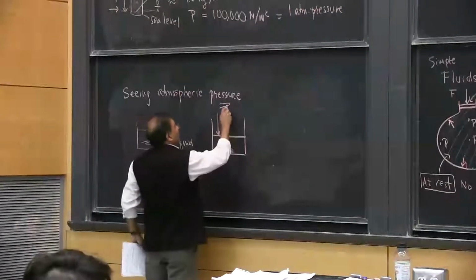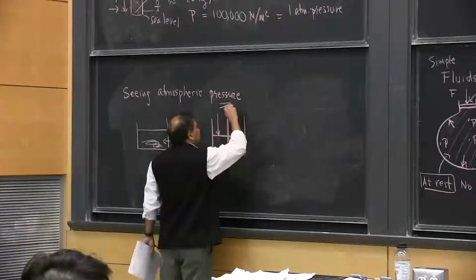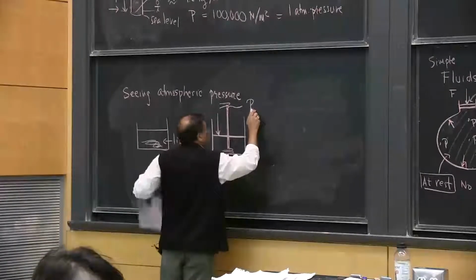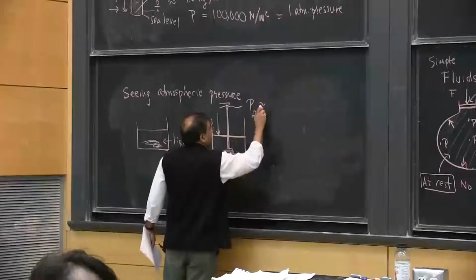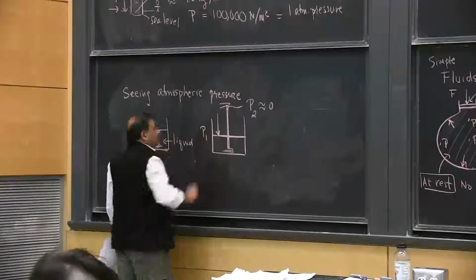So ultimately the water rises to a point and stops, because now the pressure, let's call it P2, is very small. How small can vary, but it's approximately 0. And here the pressure is P1.